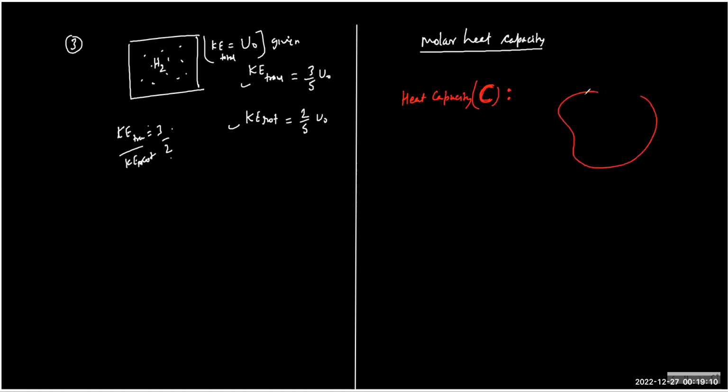So for any amount of substance at any temperature, if you supply some energy, let's say dq, and by virtue of this energy the temperature changes by dt, how much energy do we need to change temperature by 1 degree? dq by dt.